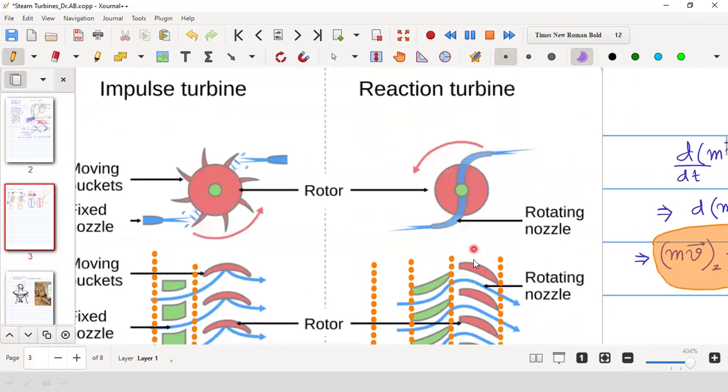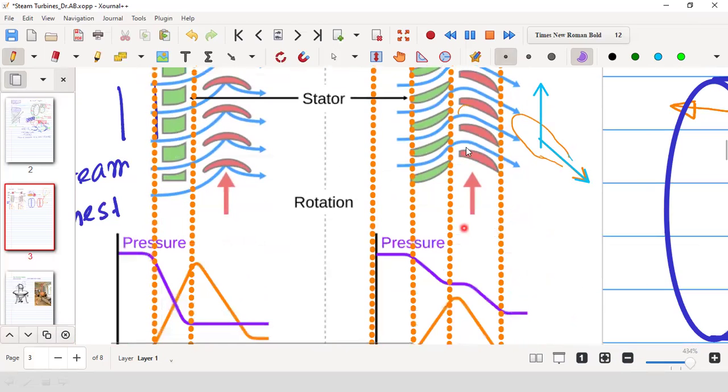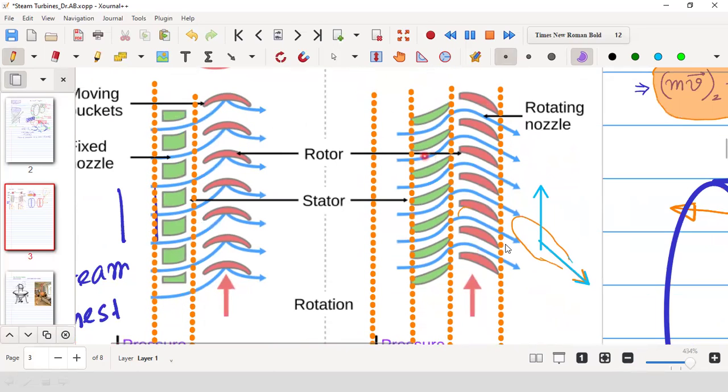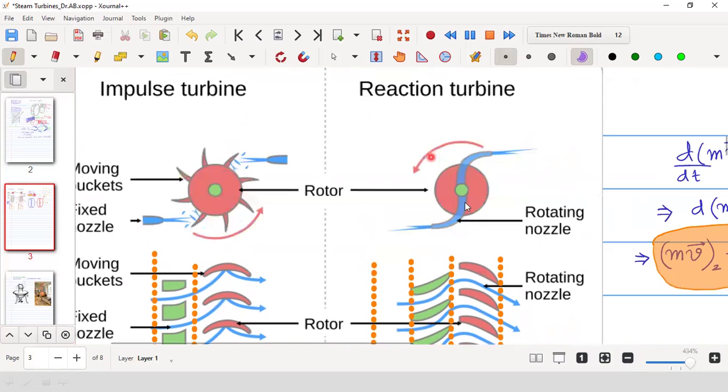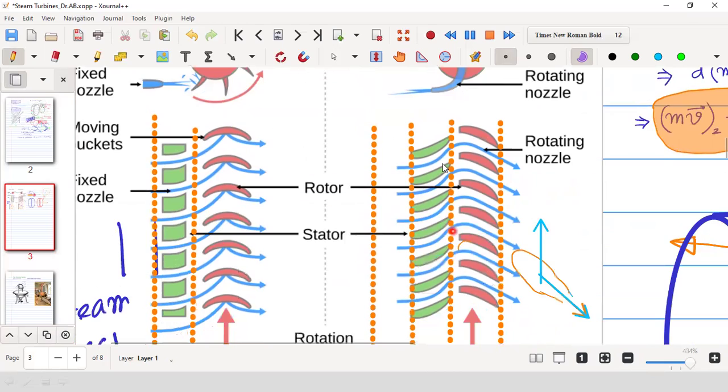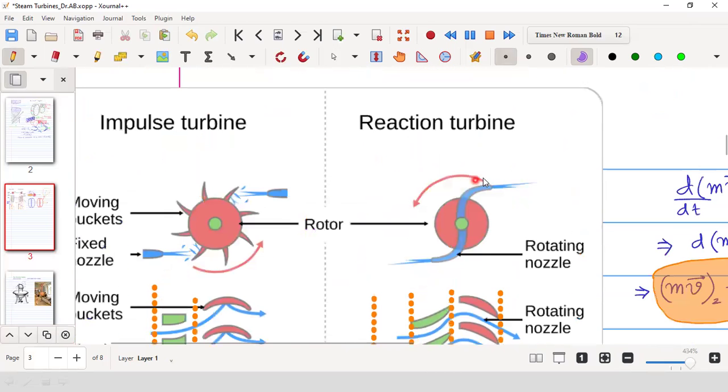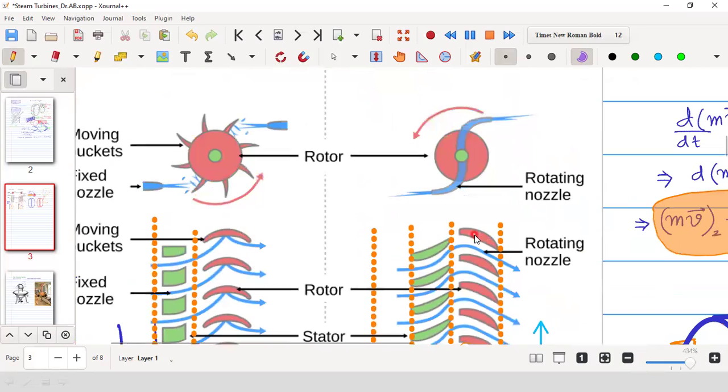But remember that this diagram is showing an impulse reaction turbine, but here this one is a pure reaction turbine. This can be made, but in case of an effective turbine, it is not possible.